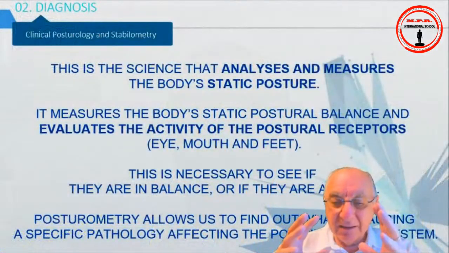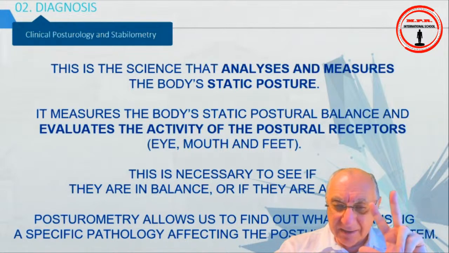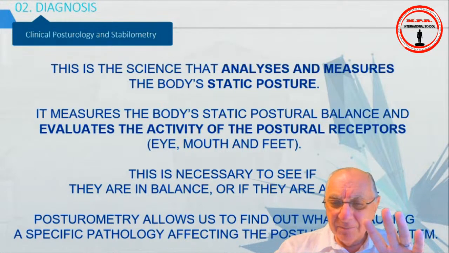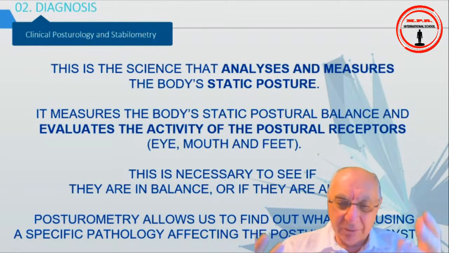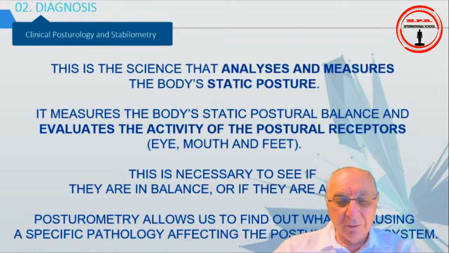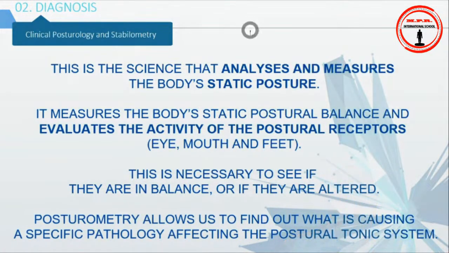When making a diagnosis, we have to understand which receptor is disturbing more: the oculomotor system, the craniofacial system, the foot support, the biochemistry. With the posturometer, we can study with three simple, very easy tests. I will do a direct on the posturometer, but now we are talking about diagnosis, okay? The posturometer is one part of the diagnosis.